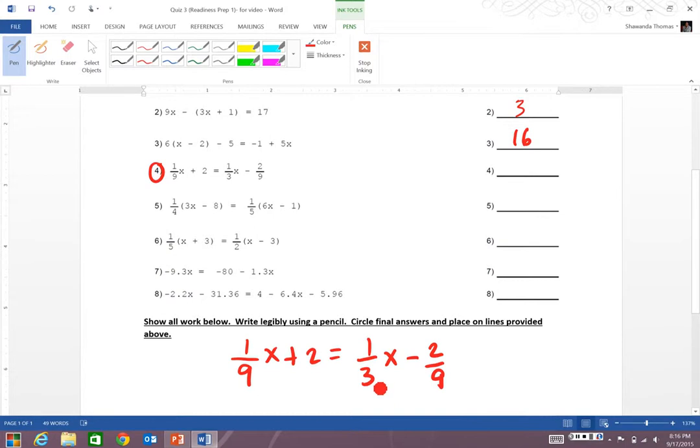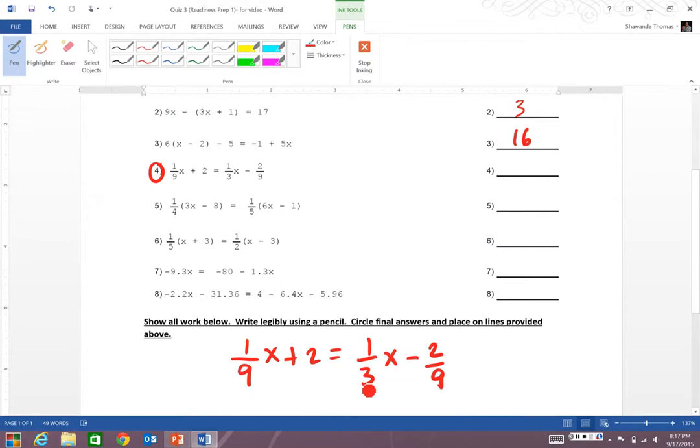Since that's your LCD, what you can do to get rid of fractions is multiply both sides by the LCD. So I try to get this across, and I reiterate multiplying by the LCD to get rid of the fractions. I still get students who try to work with the fractions.